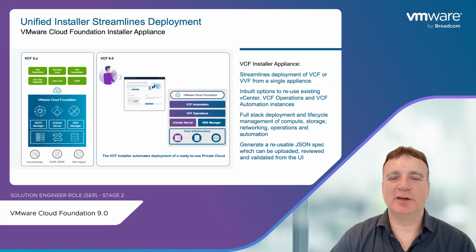Admins can choose to initially deploy VCF using inbuilt workflows. The VCF installer can also generate a JSON which can be reused after uploading, reviewing, and validating from the wizard-driven UI. The VCF installer appliance provides a flexible set of options which help to further simplify the deployment of an end-to-end private cloud environment.